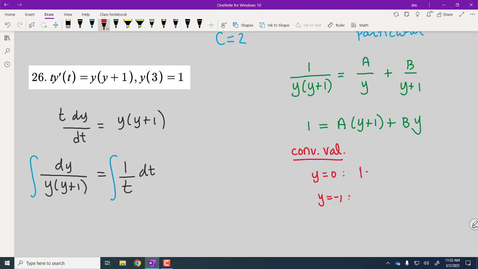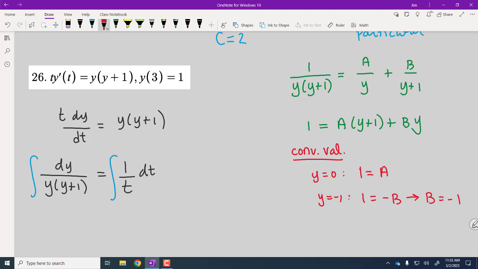Plugging in 0 across the board, a is 1. Plugging in negative 1 across the board here, the a term is going to disappear. Negative 1 plus 1 is 0, so that's gone. And we end up with 1 equals negative b, which tells us b is negative 1.